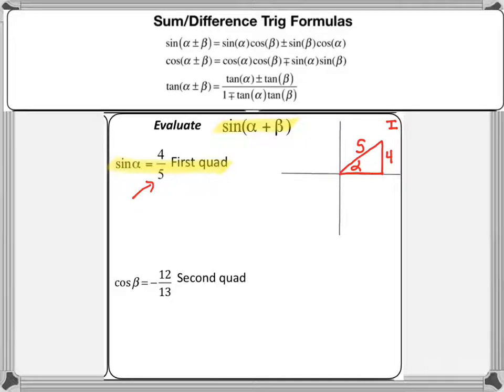Okay, now when we have these triangles like this, we also want to fill in the last side. The last side, using the Pythagorean theorem, is going to give us 3, which I showed the work off to the right there. Okay, so that's our first triangle.